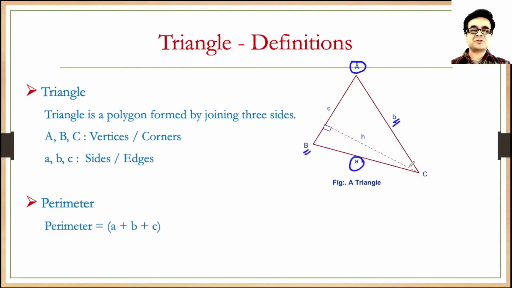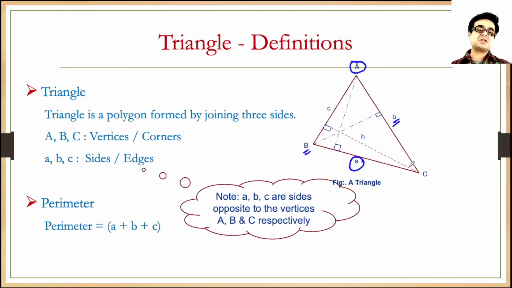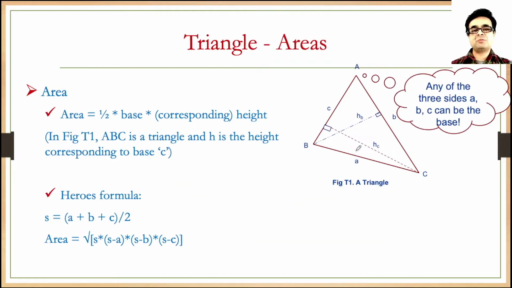And similarly for C. The next important thing to note is, corresponding to each side, there will be a height. So when I draw a perpendicular from the vertex A all the way to side A, which is actually side BC, this is my height corresponding to A. Similarly, this is my height corresponding to C, and so on. When you come to the area of a triangle, we are all familiar with half base multiplied by height.